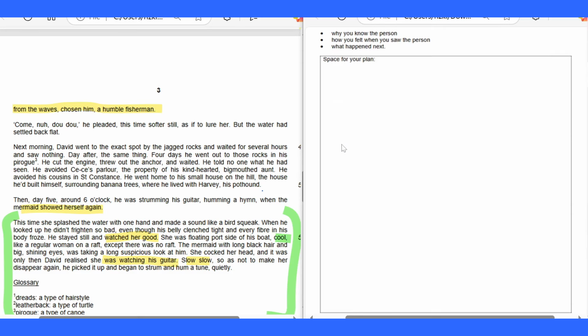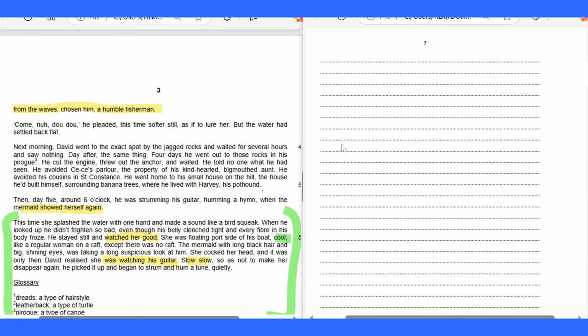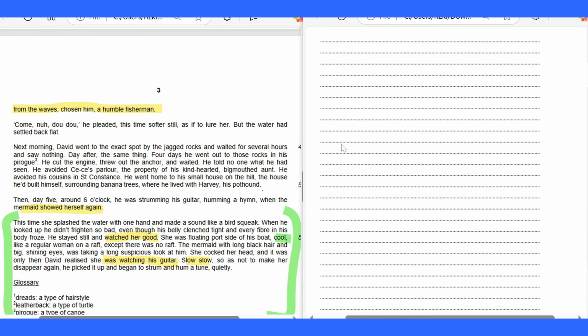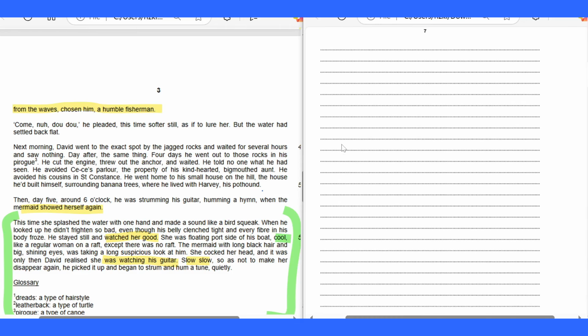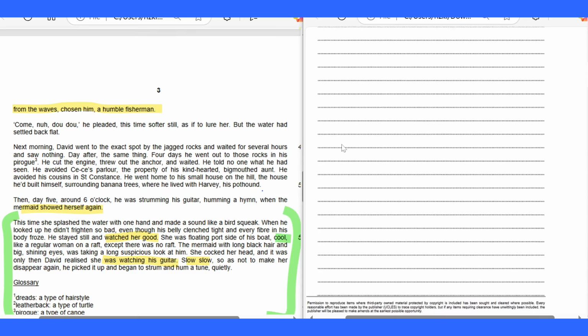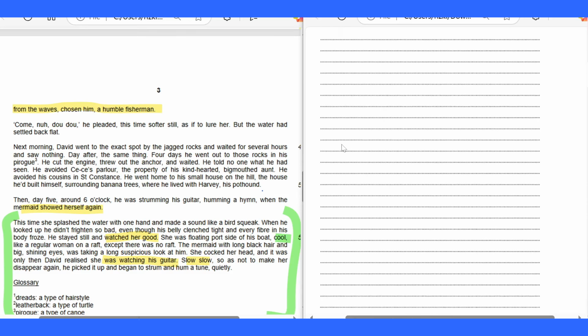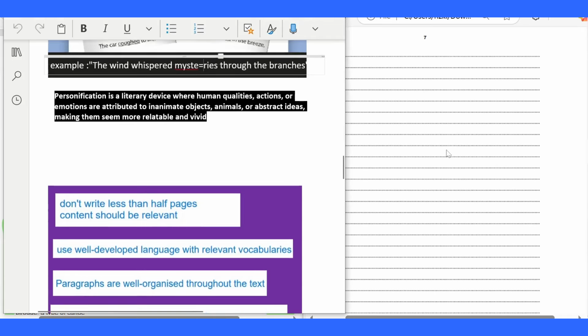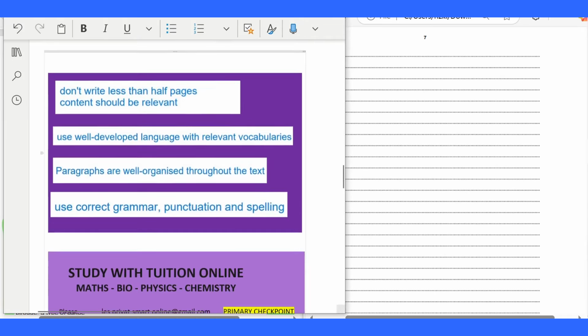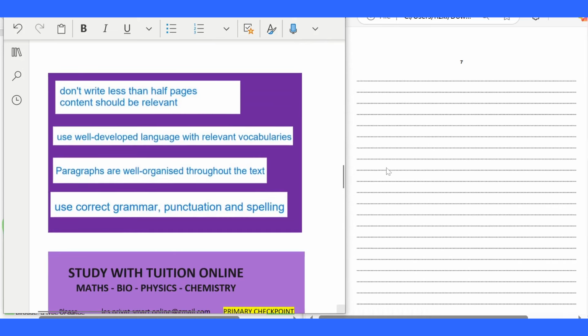This is space for a plan, and this is the space for your response. There are 2 full pages for response. Tips for writing for this section: don't write less than half a page, please.